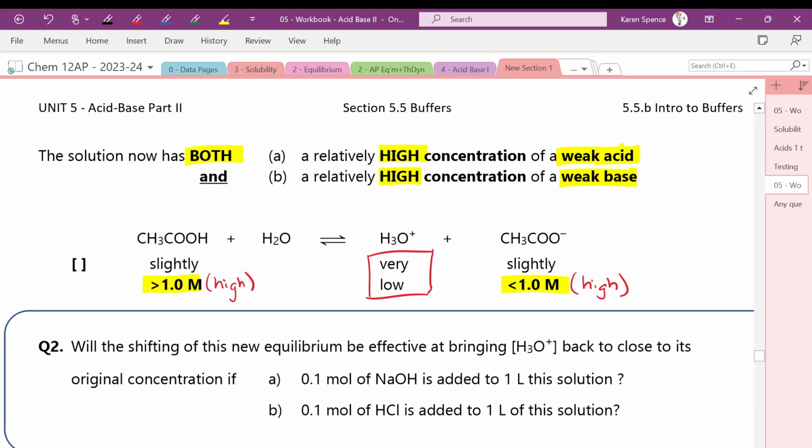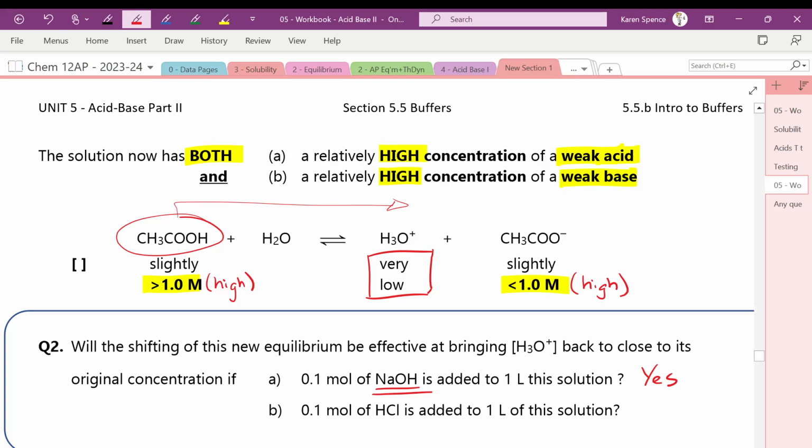Will this new equilibrium be effective in bringing H3O+ back to close to its original level if we add NaOH? Yes. Are we good with that? Because it was good before. We had some of the acetic acid. The acetic acid allows this to shift to the right to produce more H3O+ to replace that which was lost.